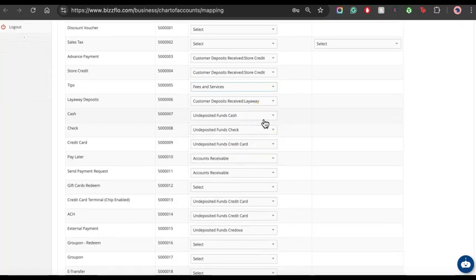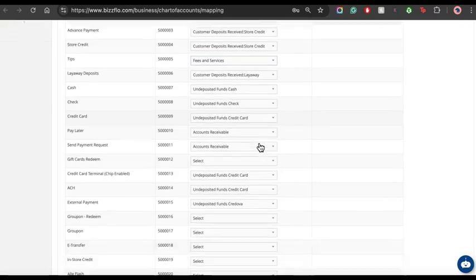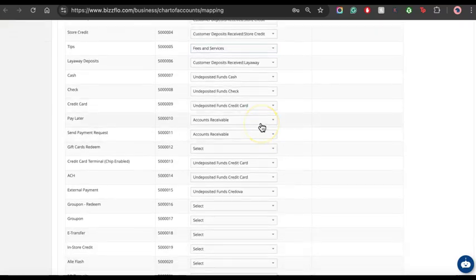Checks and credit cards are typically recorded as undeposited funds before being moved to their respective bank account once deposited. Pay later transactions and payment requests fall under accounts receivable for accrual accounting but are not necessary for cash basis accounting.